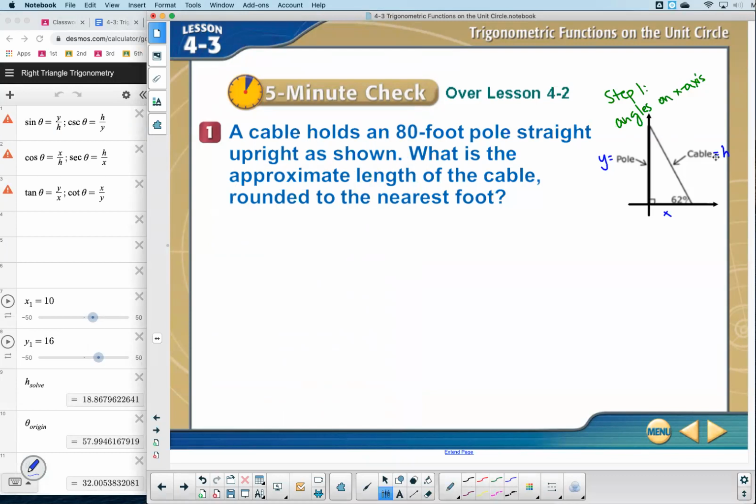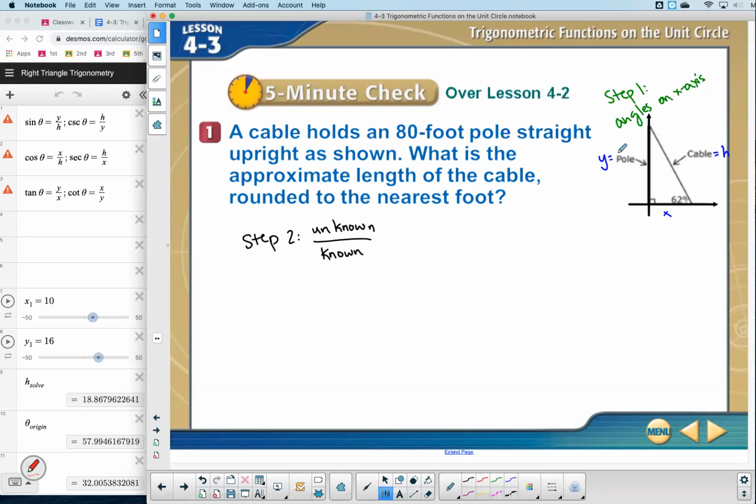Okay, and so what we've learned is we can solve, this is now step 2, by whatever the unknown variable is. We're going to choose a trig function that has the unknown divided by the known. Now, you don't have to have it unknown divided by known, but it just is a shortcut if you do. So that's why I'm going to write it that way. And so when you look at this problem, it says it's an 80-foot pole.